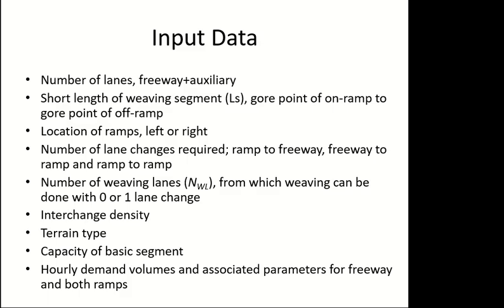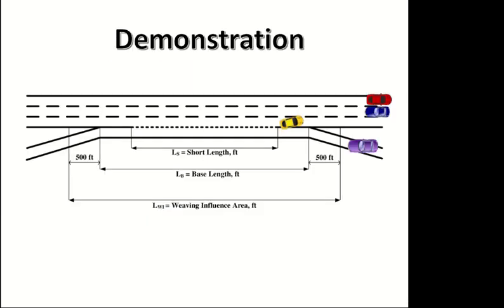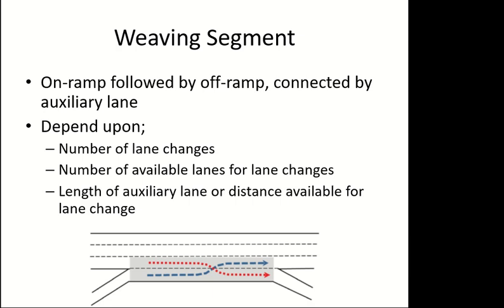And then we have the lanes which are given for weaving. What are weaving lanes? The lanes from which you go from ramp to freeway and freeway to ramp with 0 or 1 lane change. For example, if you look at the shaded area, the lanes in the shaded area are basically the weaving lanes.